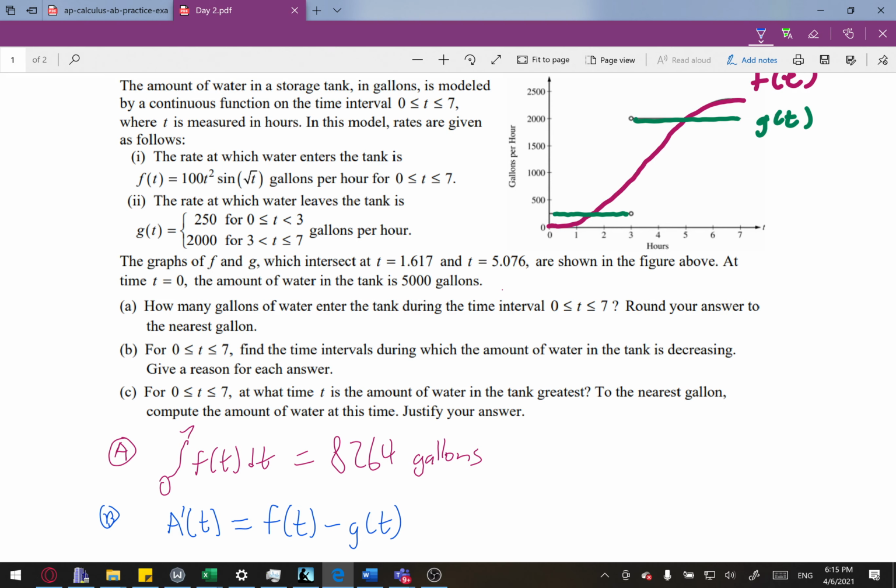So instead of A prime, if I was looking for the amount of water in the tank, that would be the integral of f of t minus g of t dt. So the total amount that came in minus the total amount that left. And then I would add 5,000, our starting amount.